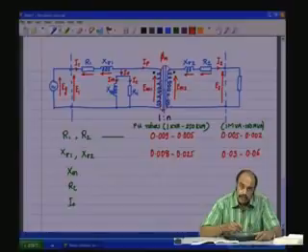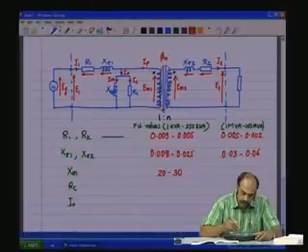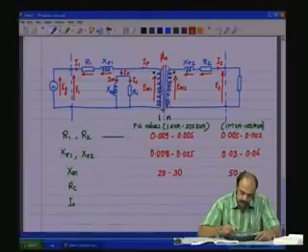And for the magnetizing reactance, it is around 20 to 30, and for the higher range it is around 50 to 200.